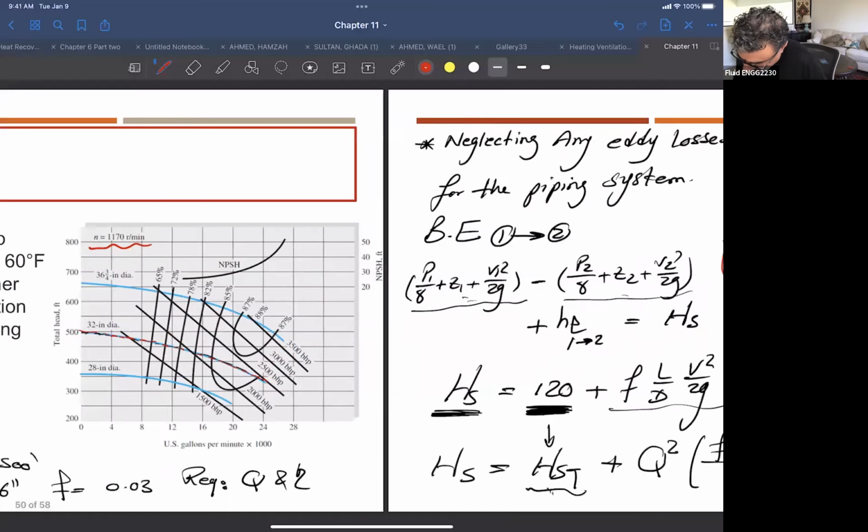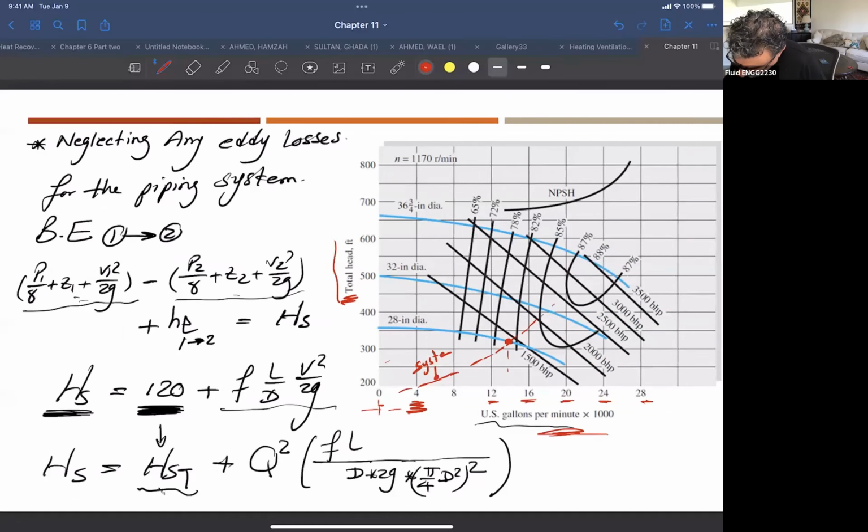Oh, it's 32. Because this is our pump that we are dealing with. Let me just change this. Okay, it was something around here, this point.